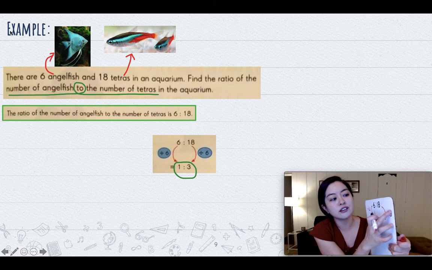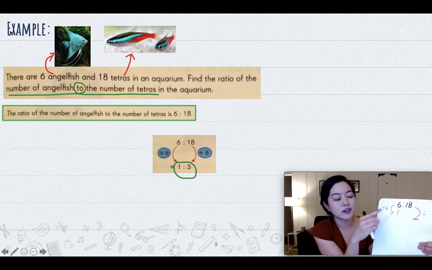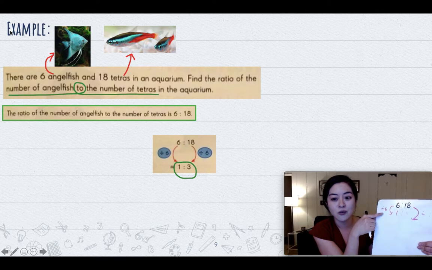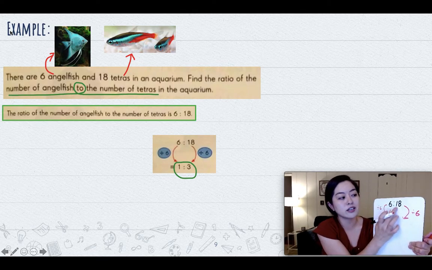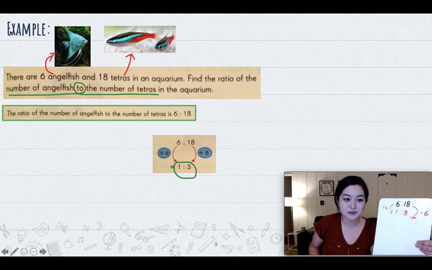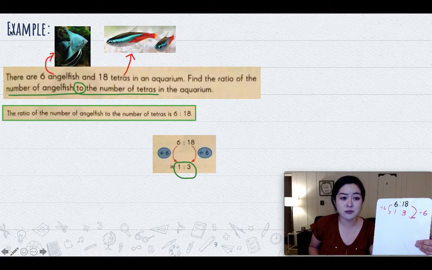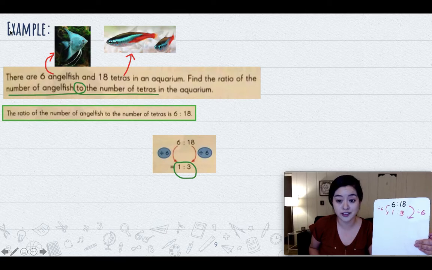Oh, because I did 3 here, that's why. Whatever I divide on one side, I have to divide on the other side. So that was my mistake. 18 divided by 6 is 3. So the ratio of the number of angelfish to the number of tetras in simplest form is 1 to 3.